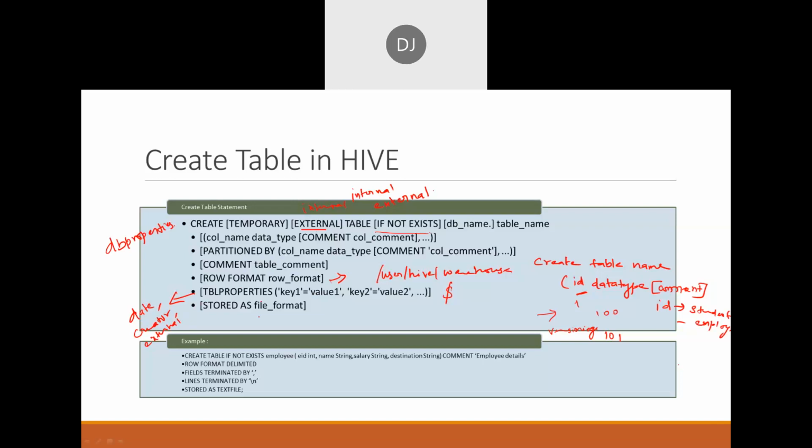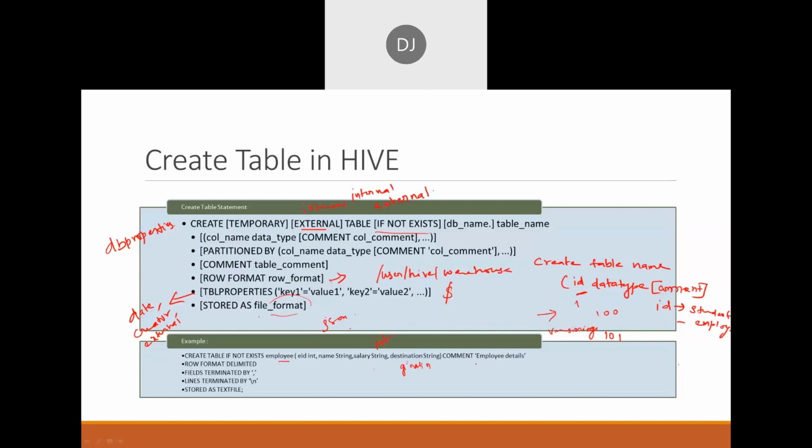Okay, and stored as, if you are going to give any specific format, you can give either a CSV file or a JSON file, or if you want to store it in your user Hive warehouse as an Excel sheet, likewise you can give. So one example: an employee table is created with ID integer, name string, salary integer, and designation as a string.